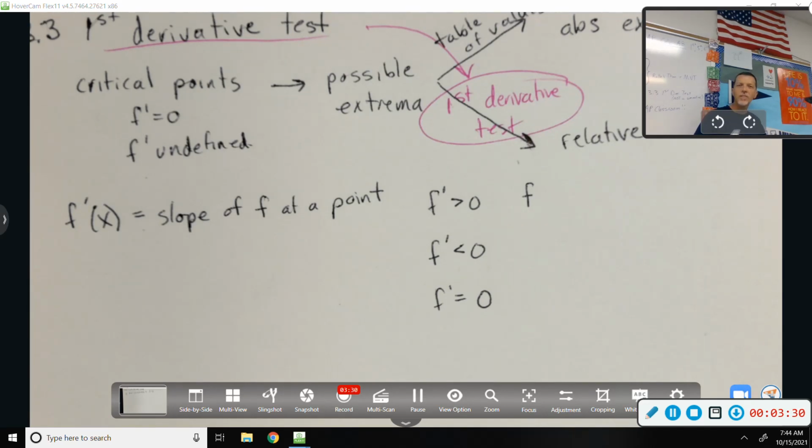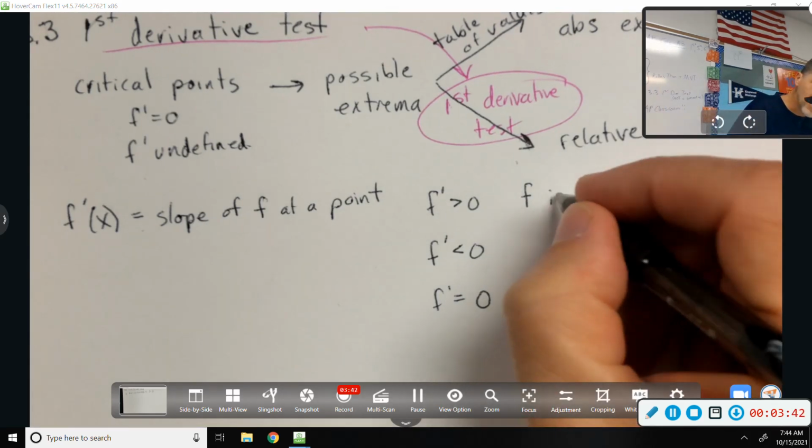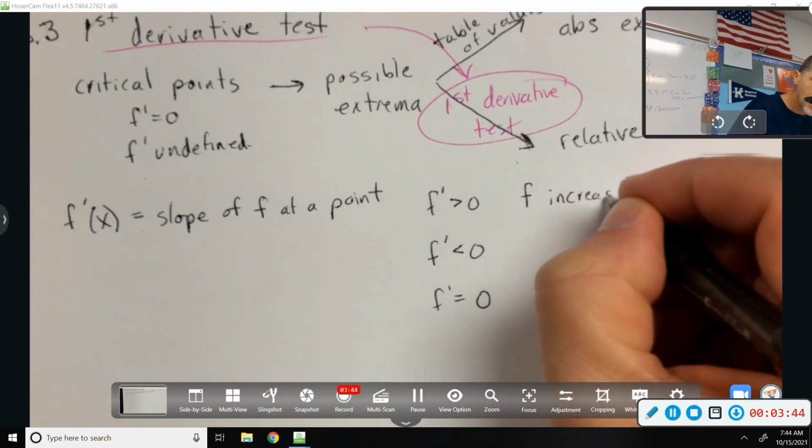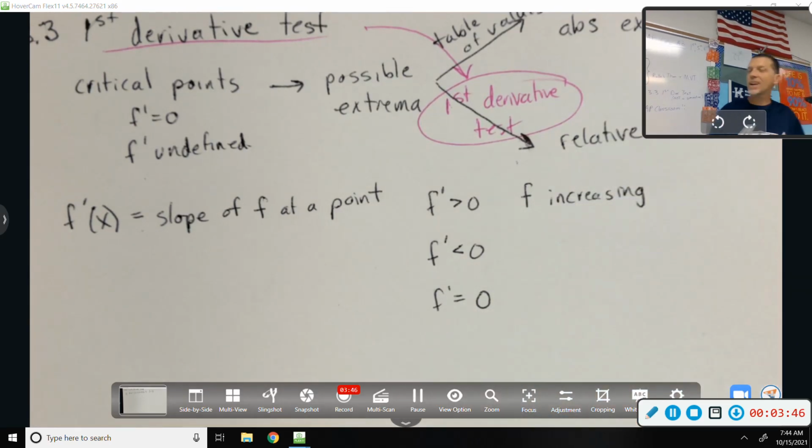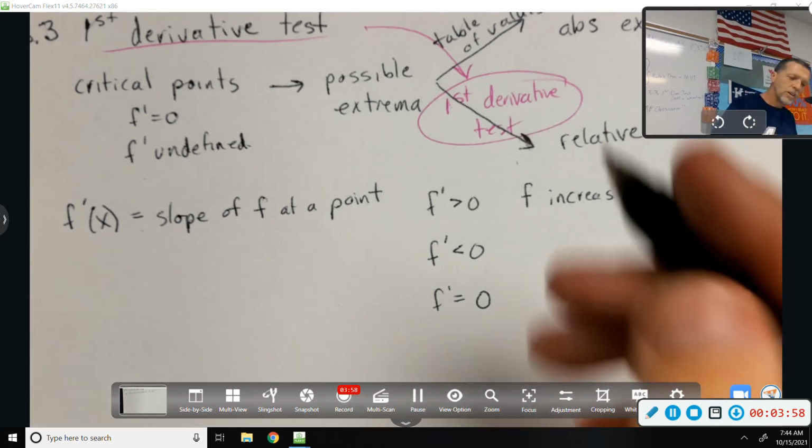What's the graph of f doing if f prime is positive? Ascending. That's a great word. The word we use in calculus is increasing, but ascending means the same thing. If f prime is positive, we're going up. We're increasing, we're ascending. If f prime is negative, we're descending, we're going down, we're decreasing.